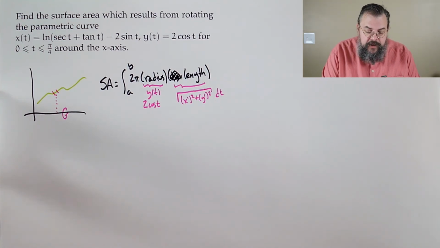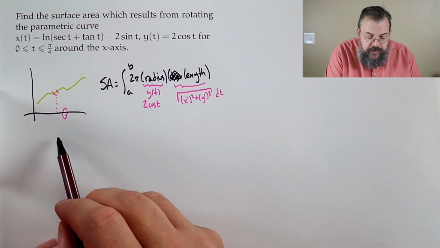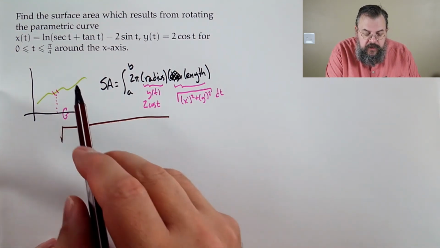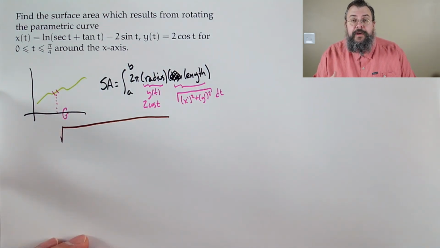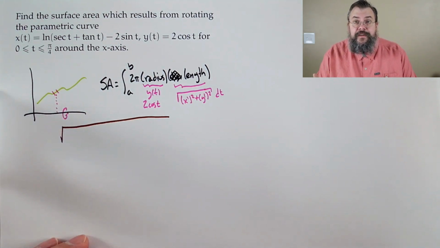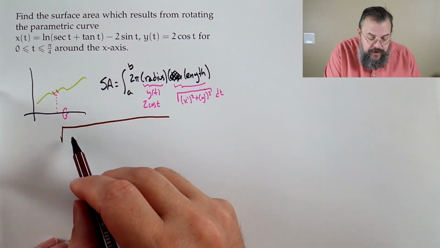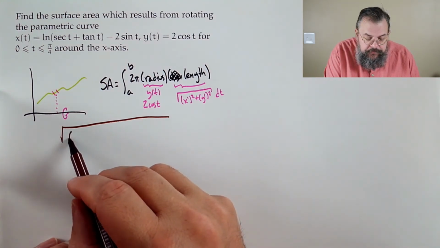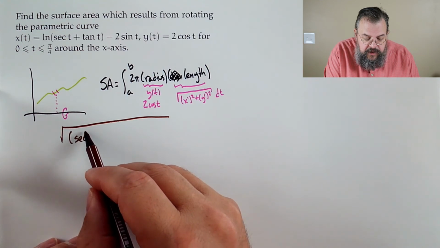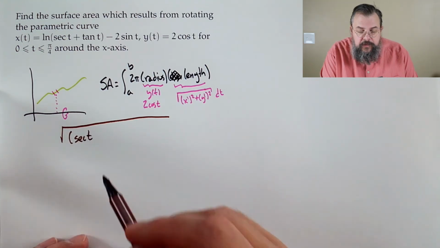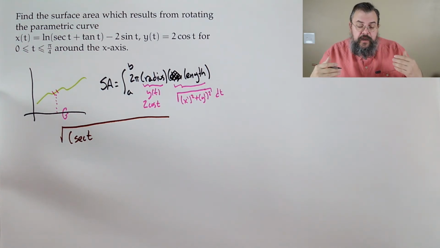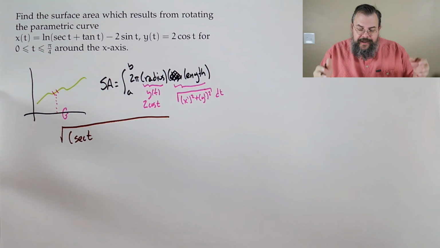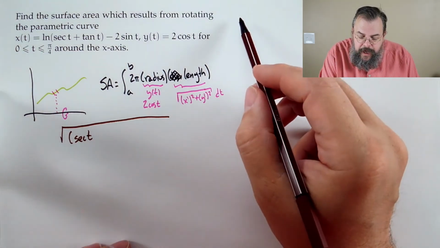So we begin. We have the square root of, take the derivative of x. Well, the derivative of log secant plus tangent, work it out, is secant. One way you can see it is you think about the integral of secant, which is log secant plus tangent. Another way is you just put your head down and see what happens.